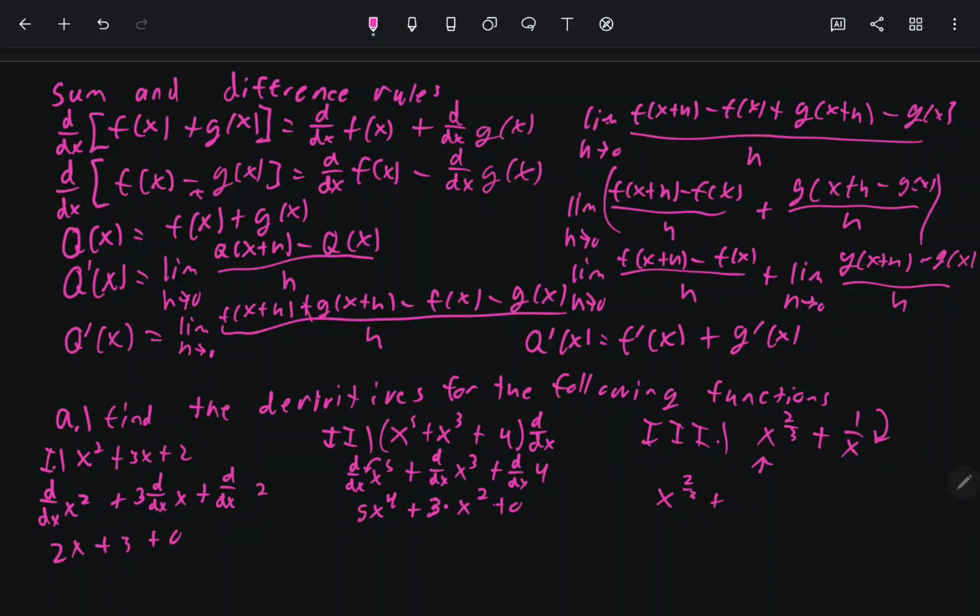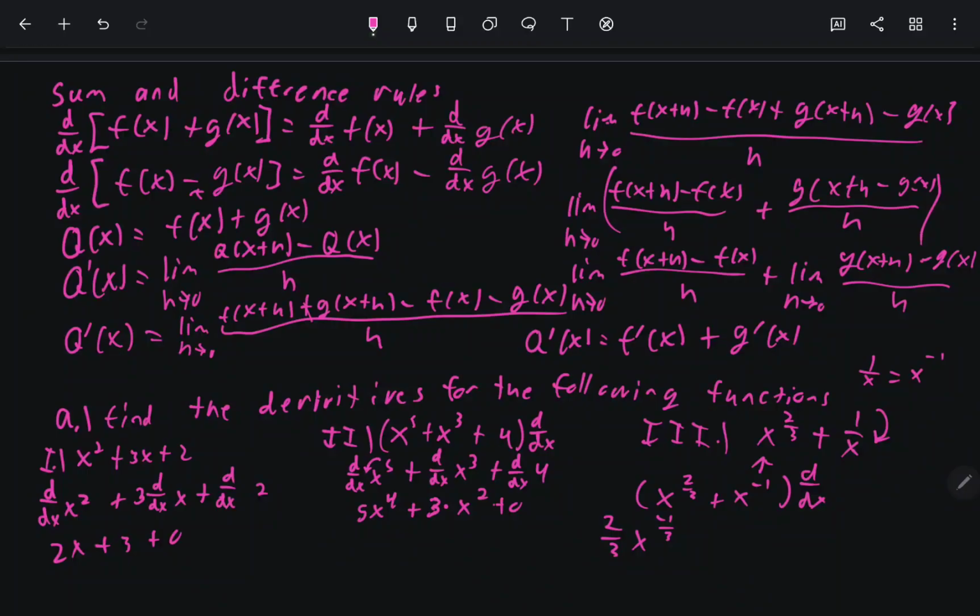Well, we don't have a rule for that just yet, but what we do know is that 1 over x is the same thing as x to the power of negative 1. Now we can take the derivative of this. So we have 2/3 of x to the negative 1/3 power, since 2/3 minus 1 is negative 1/3.